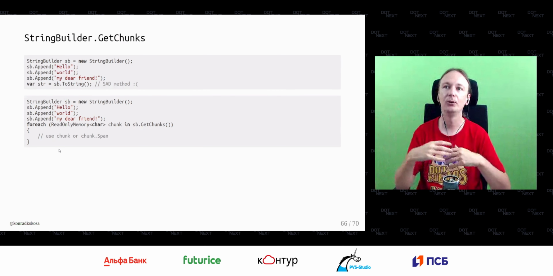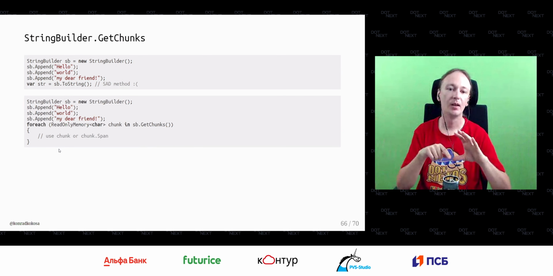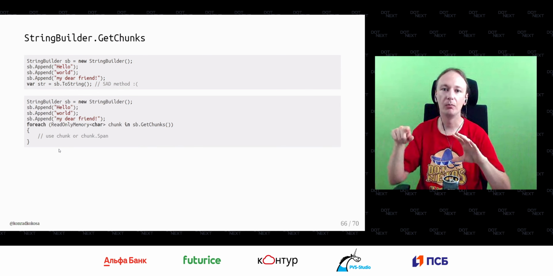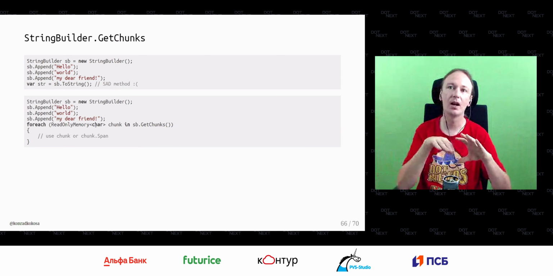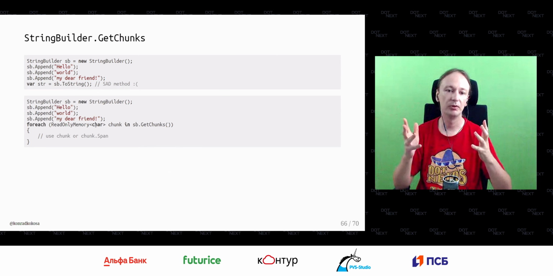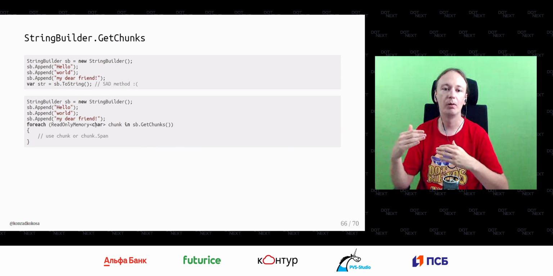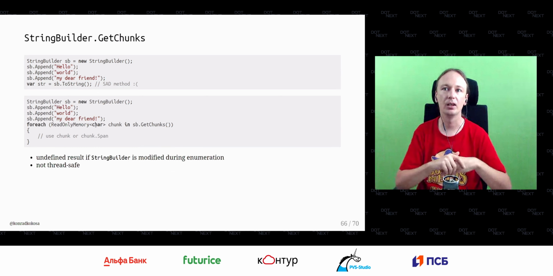And there is now this new API called GetChunks, which allows you to iterate through every internal buffer inside StringBuilder. And as we see, it returns read-only memory, so without allocations we now have access to the particular buffers inside StringBuilder. So we can utilize the buffers from StringBuilder without allocating and converting them to a string, which is nice.